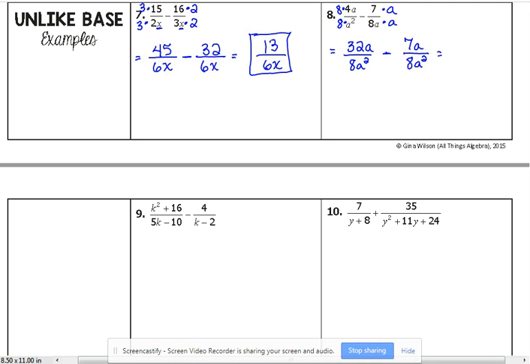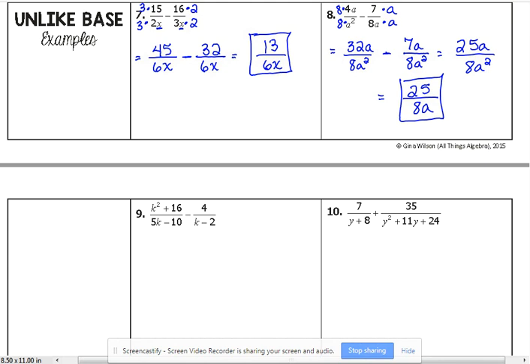Combine our numerators. 32a minus 7a is 25a over 8a squared. 25 and 8 don't have a common factor, but we can simplify those a's. A over a squared leaves us with an a in the denominator.